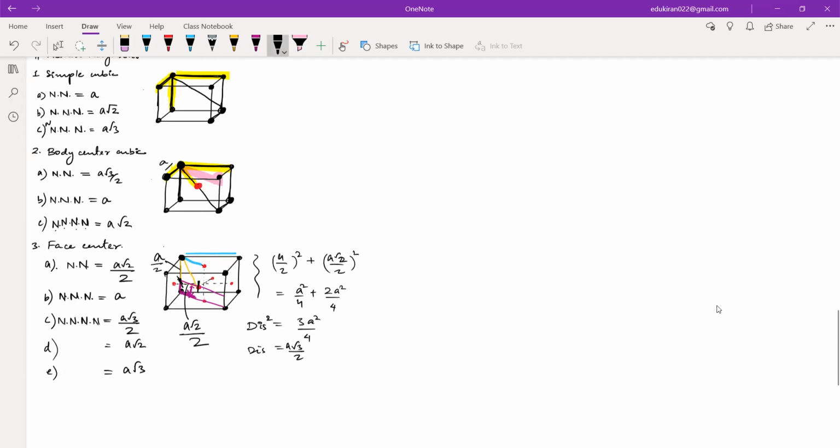All these things, जरूरी नहीं है आपको याद रखना है, but you must know the concept of nearest neighbor. What does nearest neighbor mean? In body centered cubic, the nearest neighbor is just a root 3 by 2 distance away. And in face centered, it is a root 2 by 2 length away.